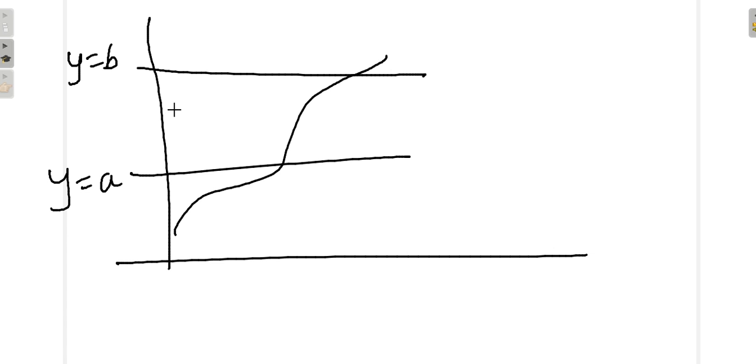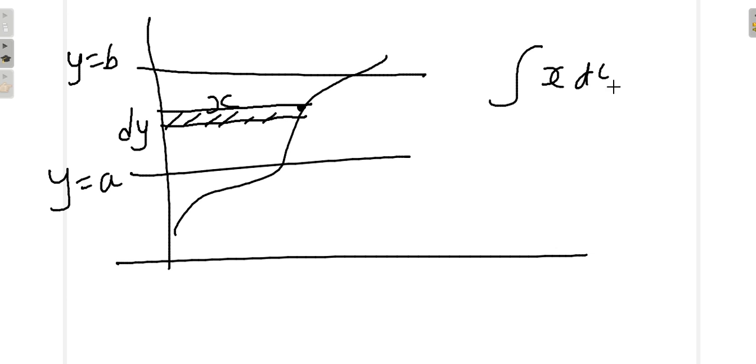In this case, you should take a strip in such a way that one end lies on the curve, other end lies on the y-axis. So when you take such a strip, you can see that the width of the strip will be along y-axis, so it is dy, whereas the length is along x-axis, so it is x. So area of this strip becomes x dy. And since we are integrating with respect to y, the limits of integration will be from y equal to a to y equal to b.